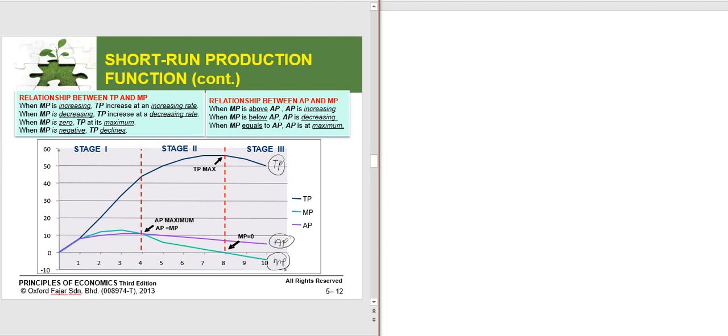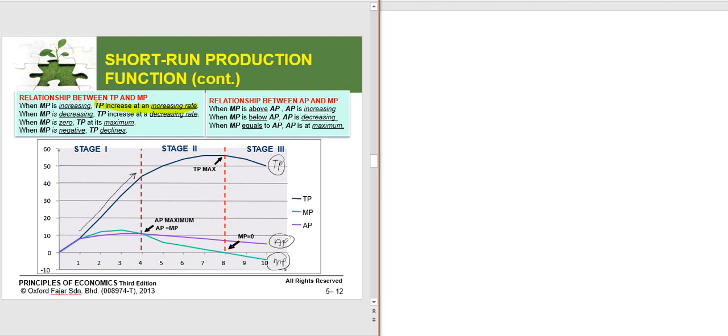Alright, so you can actually divide the stages. How do you divide the stages? The first stage is when the total production is still increasing at an increasing rate, as you can see here. The total production is increasing at an increasing rate, meaning the curve will be very steep.